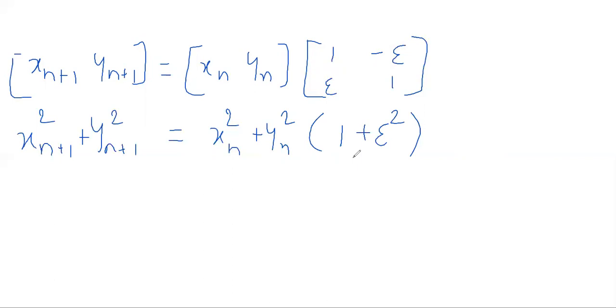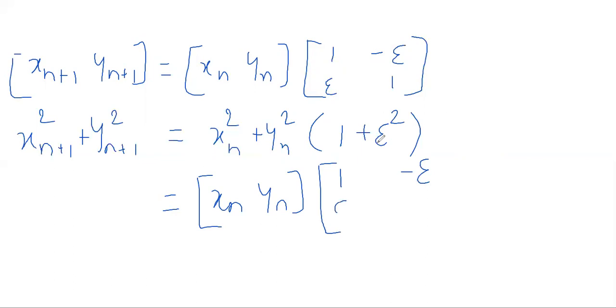So how you can make that? Let's say how you can make that. Xn, yn, I'm just going to modify this particular matrix now. 1 minus epsilon, okay, and epsilon into 1 minus epsilon square.